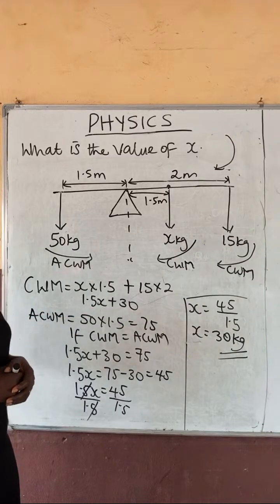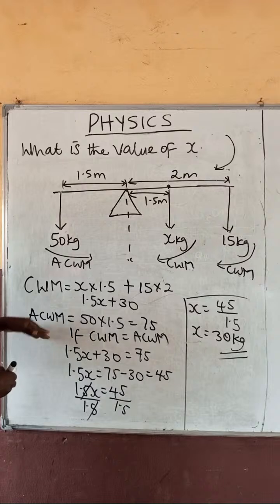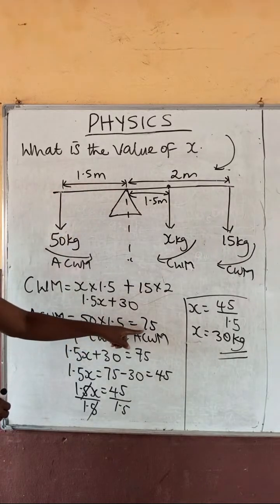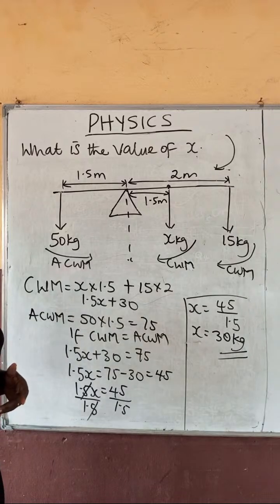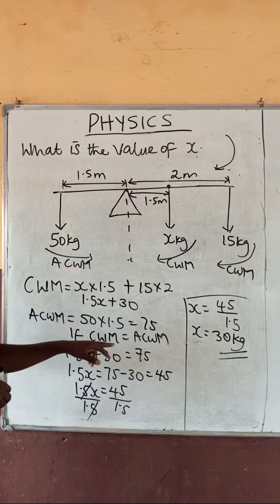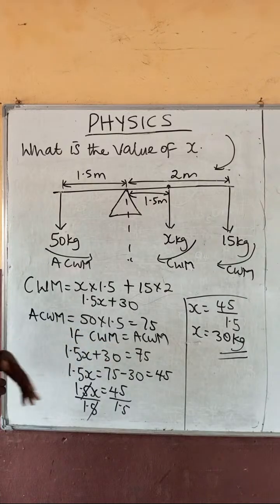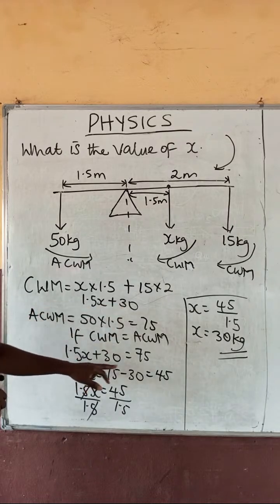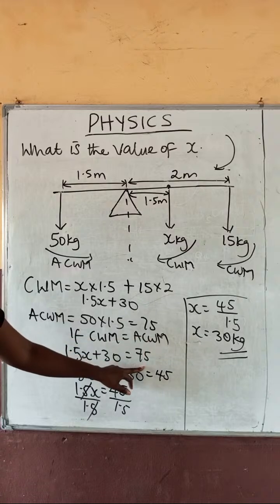Did we get it? Now, anti-clockwise moment is 50 multiplied by 1.5. I gave you 75. But from the principle of moment of forces, we said that clockwise moment is equal to what? Anti-clockwise moment. So going by that, what is my clockwise moment? 1.5x plus 30 is equal to 75, right?